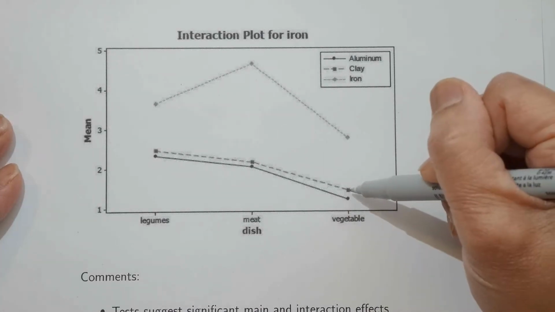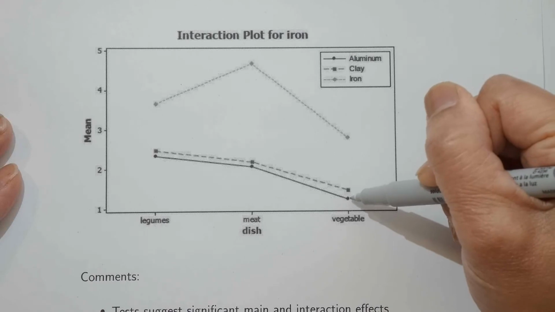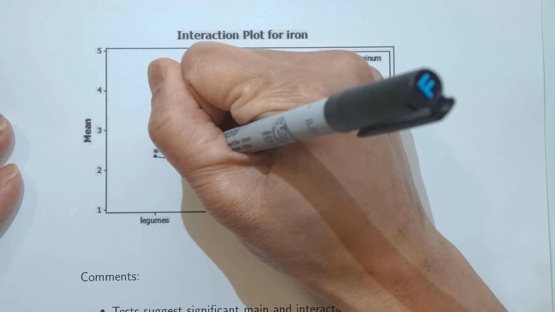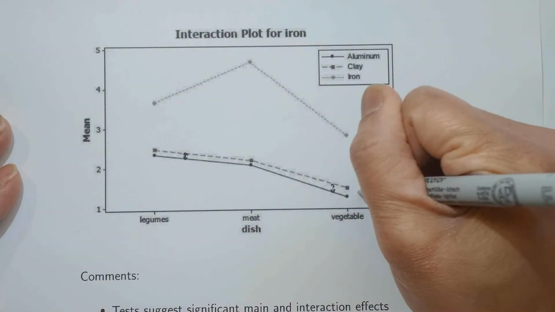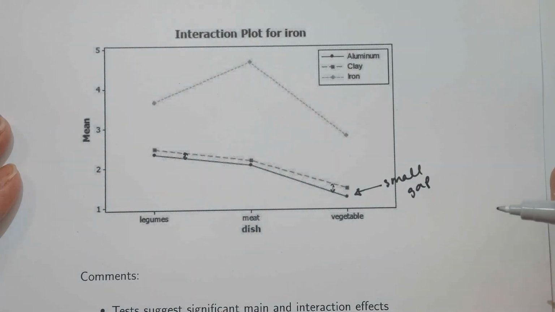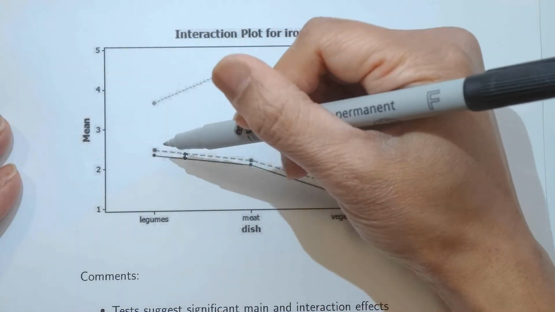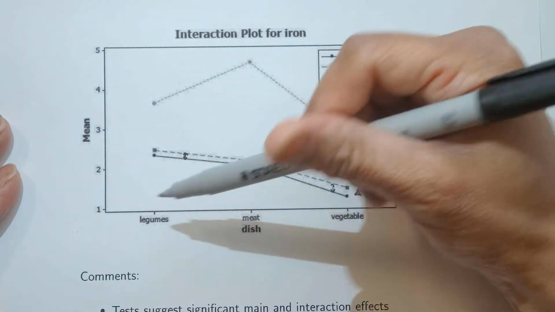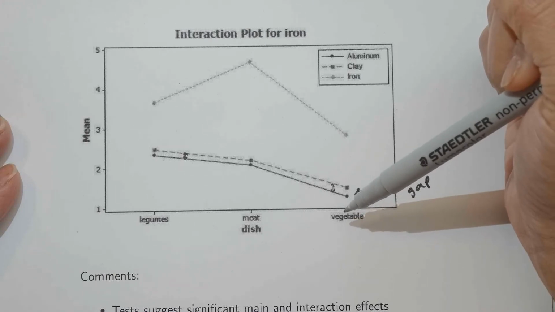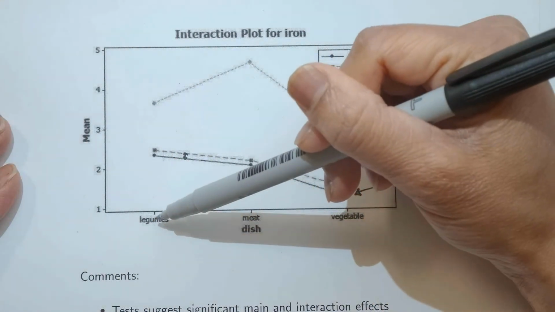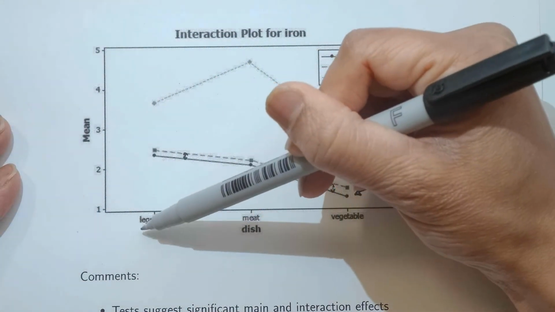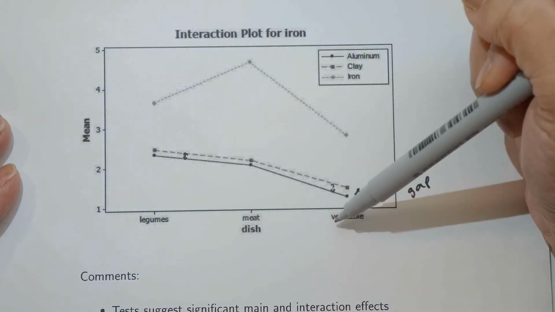If we look at these ones for clay and aluminum, they're fairly parallel. This gap is fairly small. And we also see that the legumes, now the ordering of these dishes or the food type was listed in this way just because the software automatically puts legume first because L comes before M, which comes before V in the alphabet.